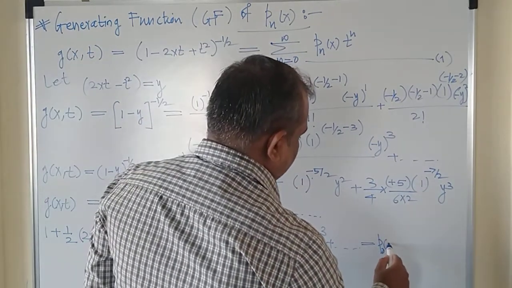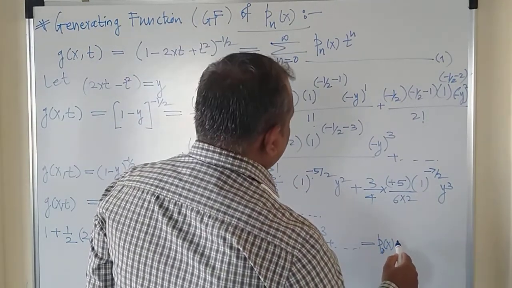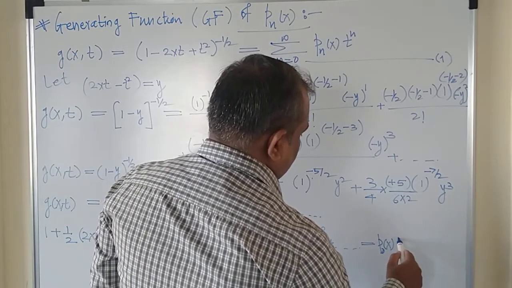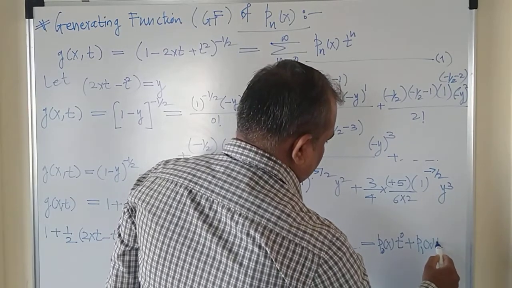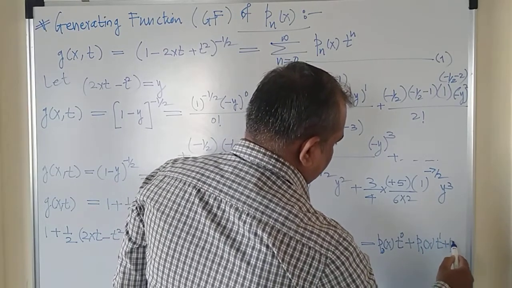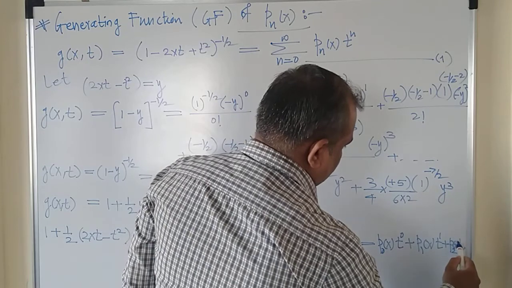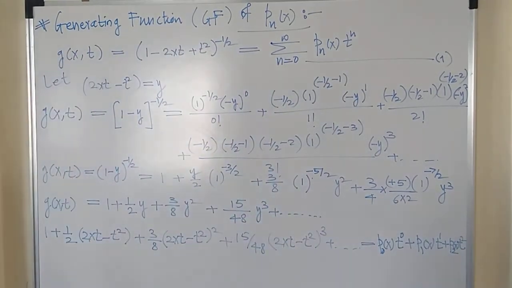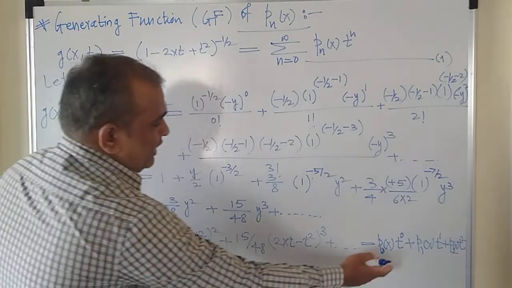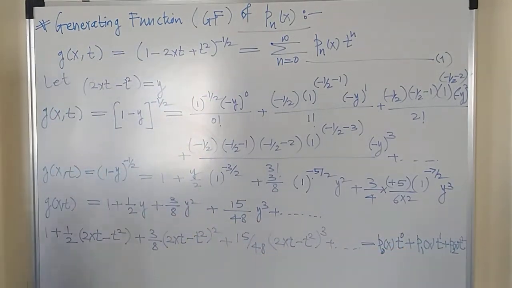So p naught of x into t raised to power 0, which is 1, I will write t raised to 0, plus p1 of x t raised to 1, plus p2 of x t square and dot dot dot. Now simplify this and write this right hand side in terms of t raised to 0, t raised to 1, t raised to 2, so that you can equate the coefficient of t.